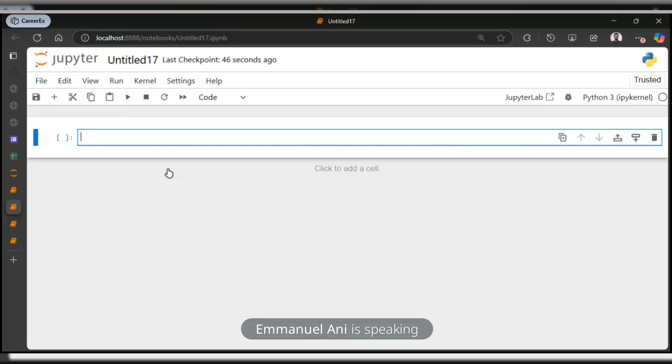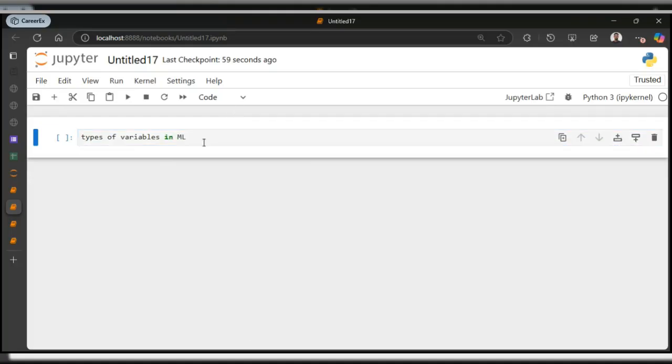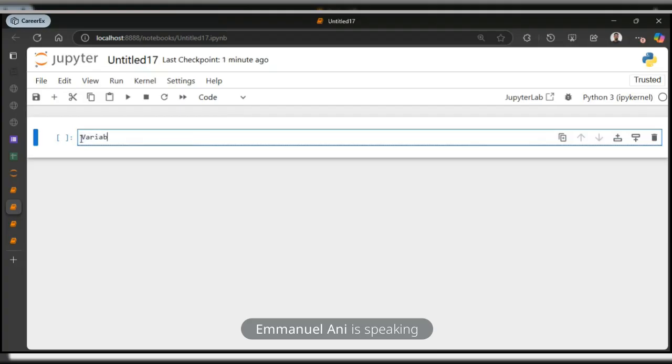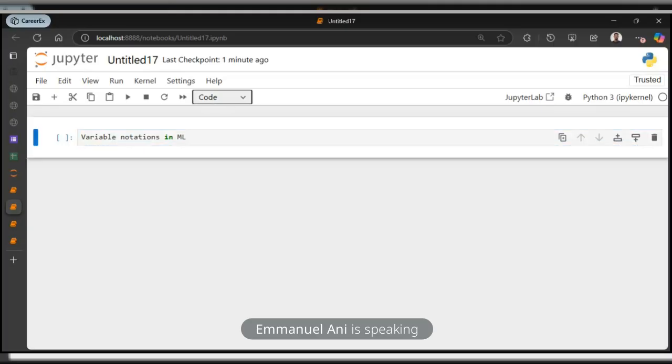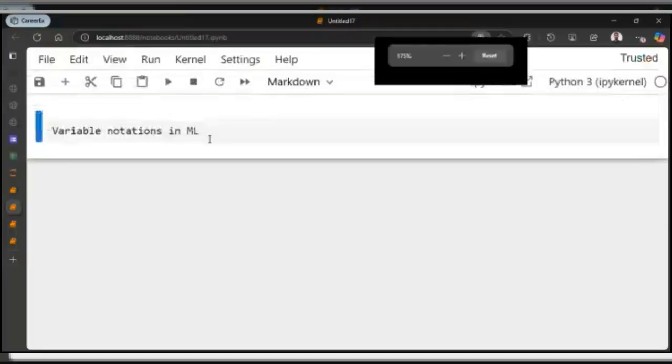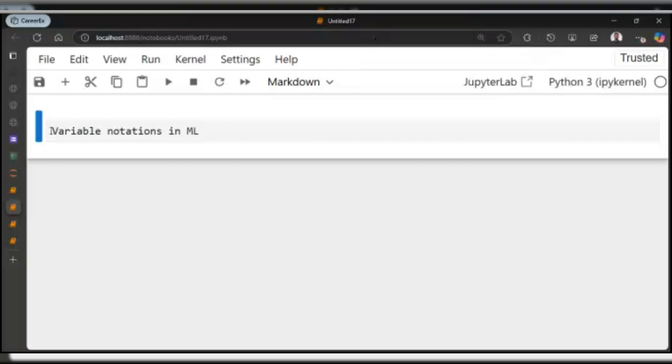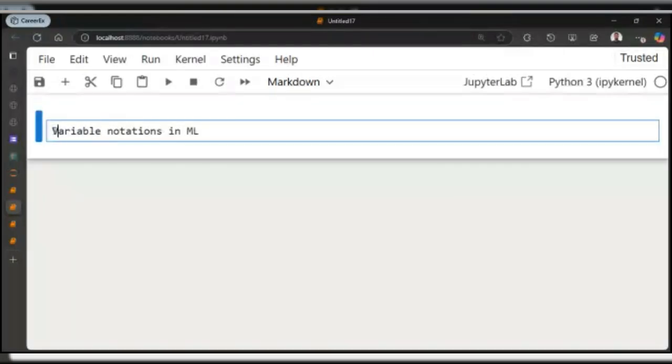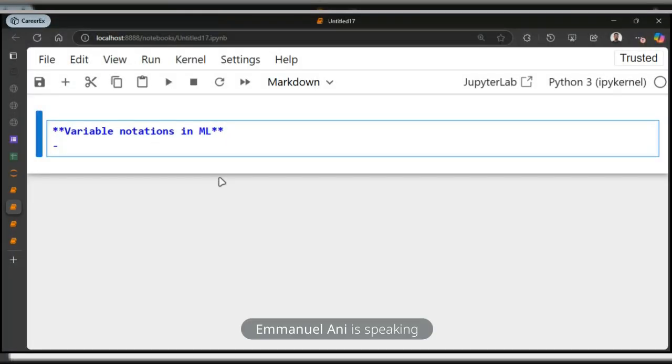We have types of variables in ML, or let me just say variable notations in ML.